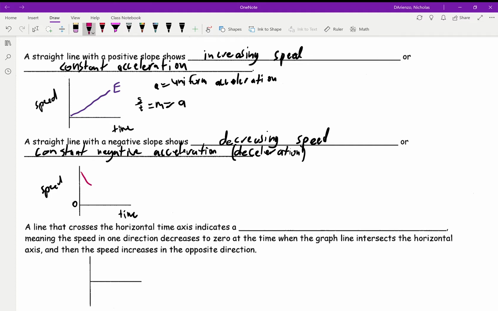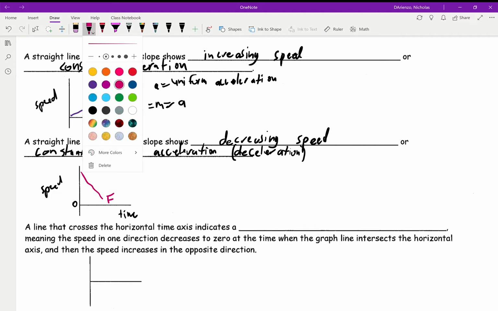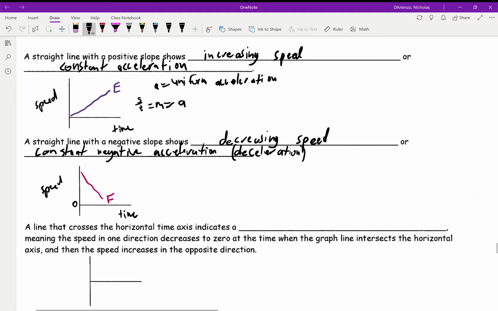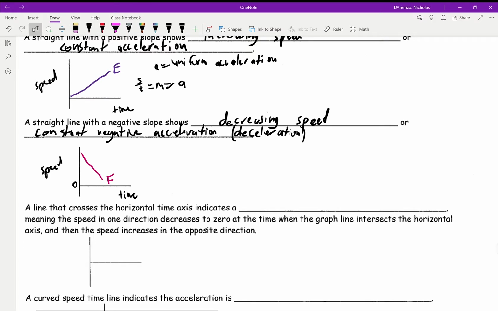And let's consider object F. So again, we have uniform deceleration, indicated by the negative slope of our line.